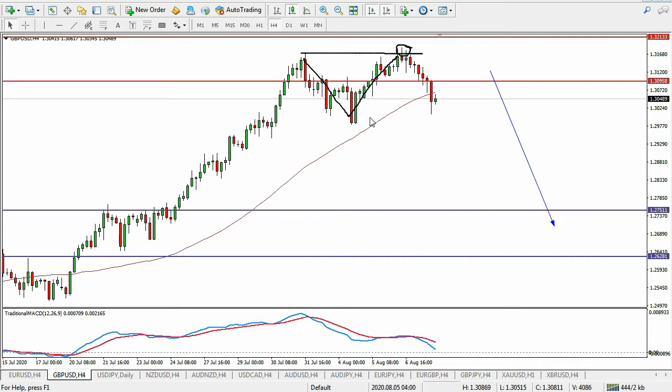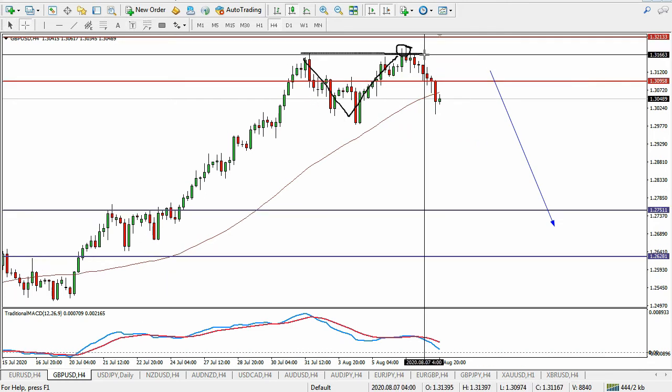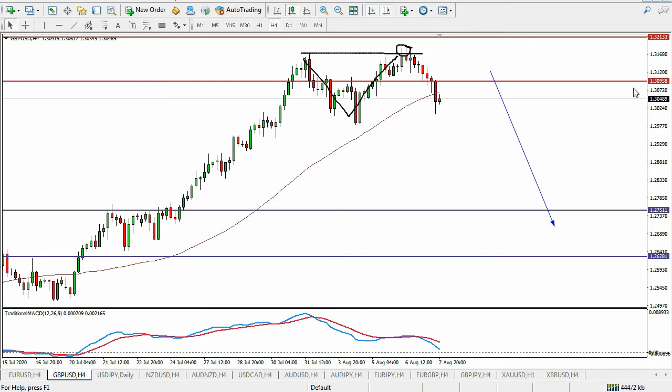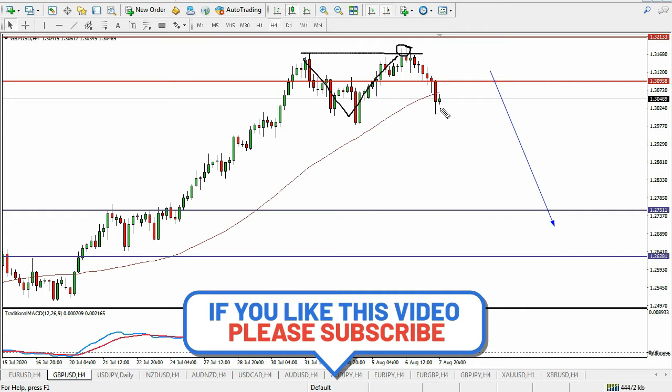So if we calculate this move in pips, this is a good amount of profit, approximately 160 pips. So hope you got this trade and made a good profit. So what will be the next move?